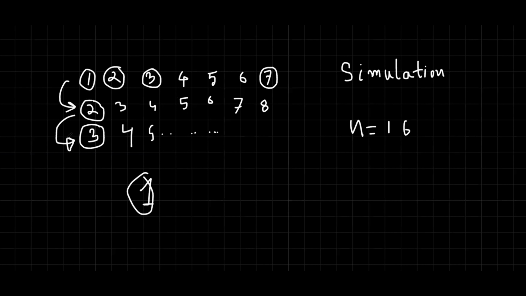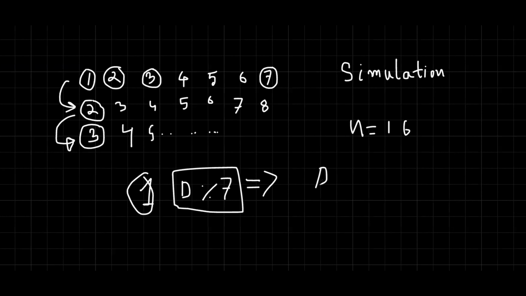Here, it can be that our number of days is divisible by 7. And if our number of days is divisible by 7, we have to simply reset our variable. So what would be the value of the reset variable? It will be simply days divided by 7 plus 1.